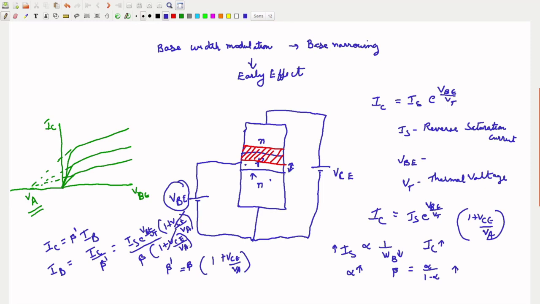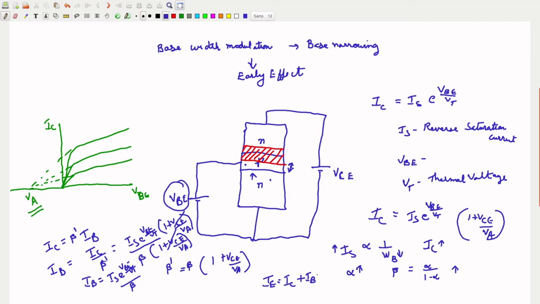These terms get cancelled, so that IB is equal to IS e raised to VBE by VT by beta. IE, as you know, is the sum of IC and IB. So due to the base width modulation, there is an increase in collector current, which in turn increases the emitter current.